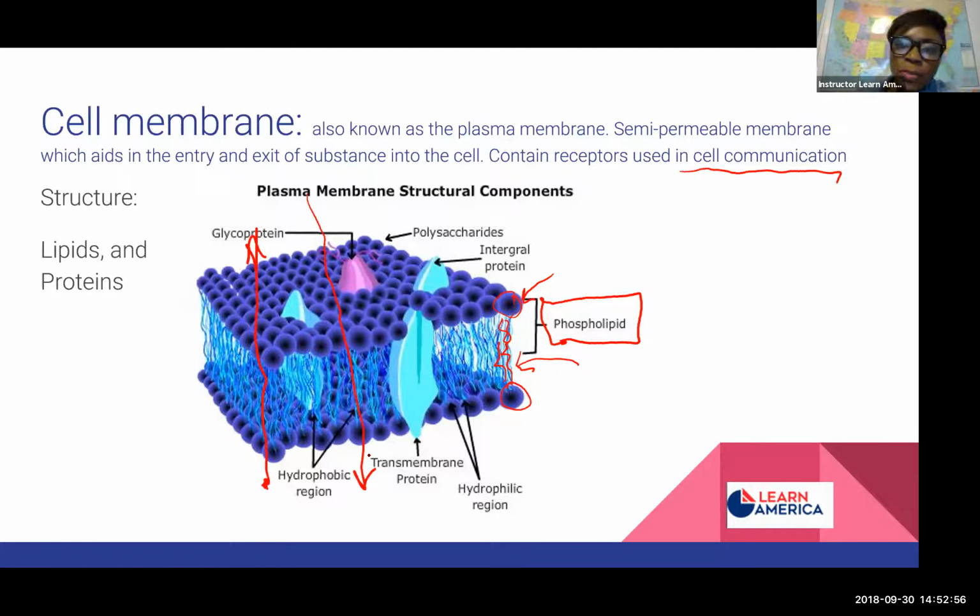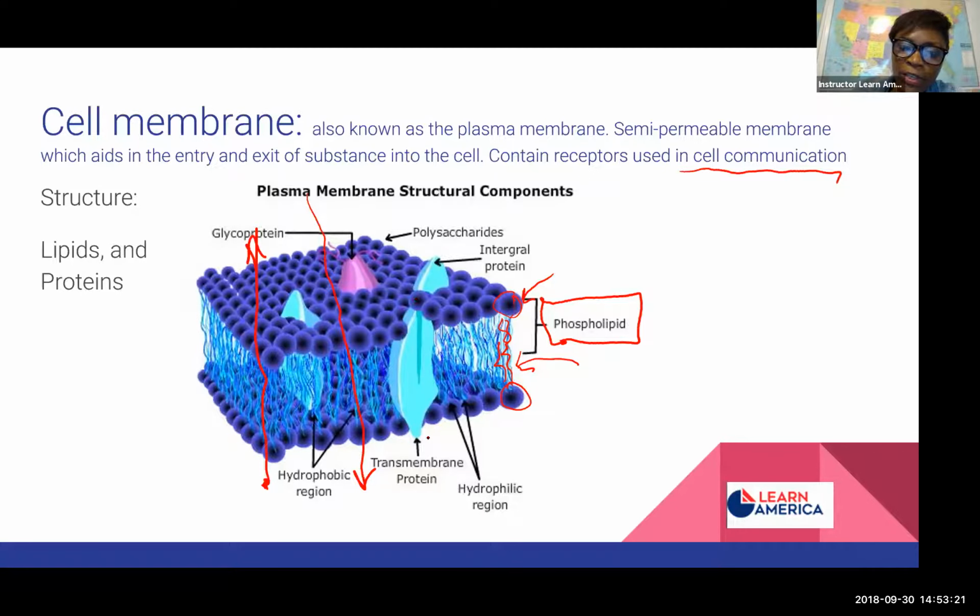The cell membrane has two main components. One is the lipid portion, and the other is the proteins that we find embedded in the lipids themselves. There's one type of protein here, the transmembrane protein, meaning it's going to transcend both parts of the membrane.